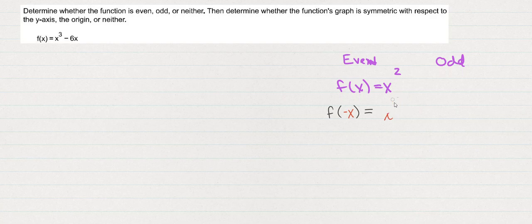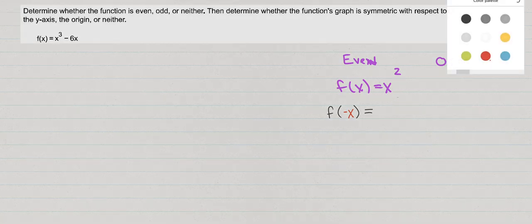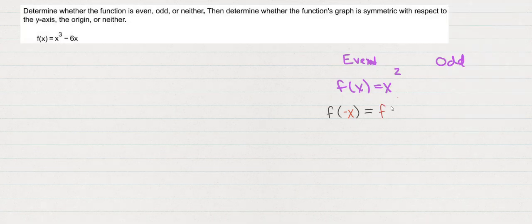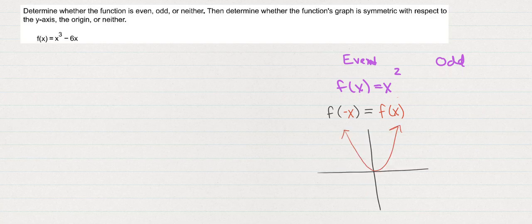Let me make it a little more generic by writing f of x. So in other words, if we look at the graph, we can see that when x is -1 or x is +1, we get the same y.